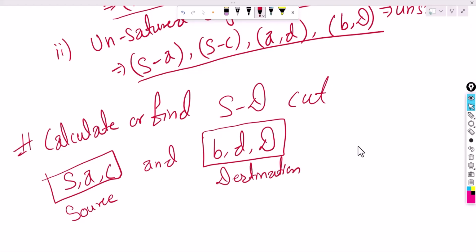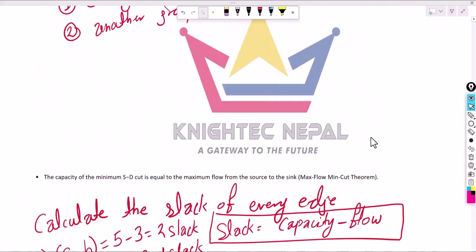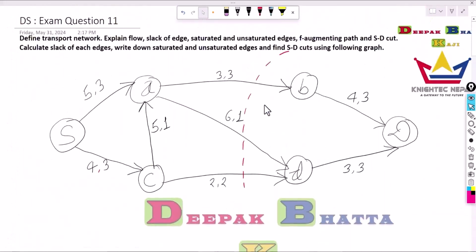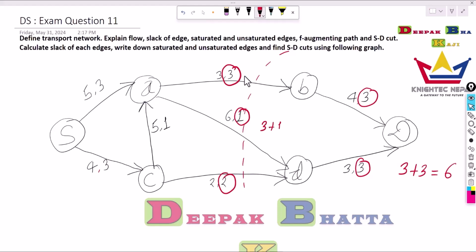So observe carefully, the outgoing edges are from S, from A to D, and from C to D. Write the flow values only, that is 3, 1 and 2 for the source part, and for the destination part we have 3 and 3. So 3 plus 3 equals 6. So here 3 plus 1 plus 2 is also 6.